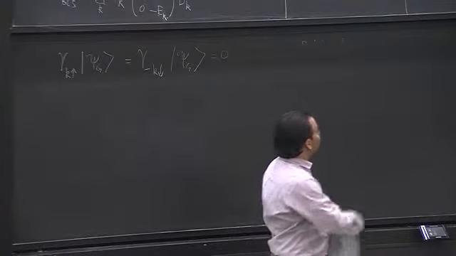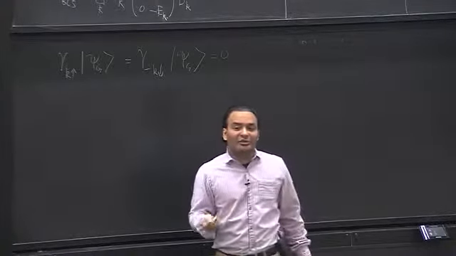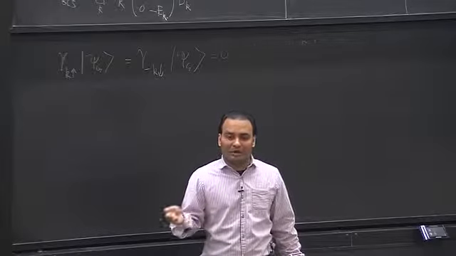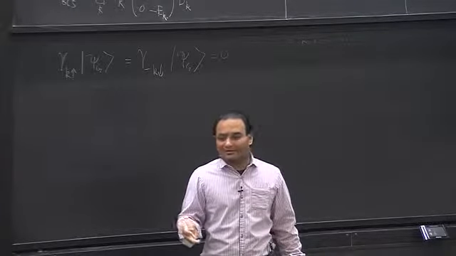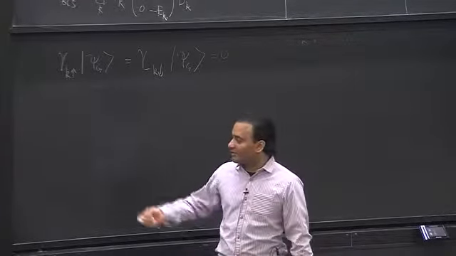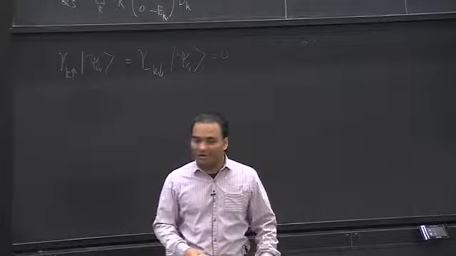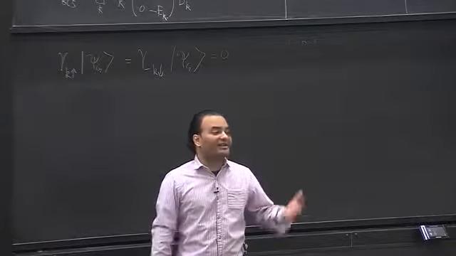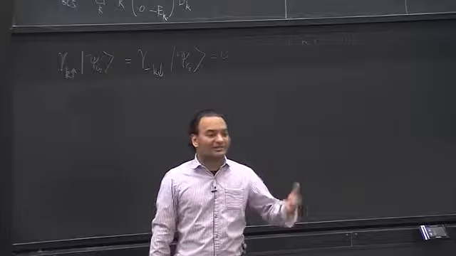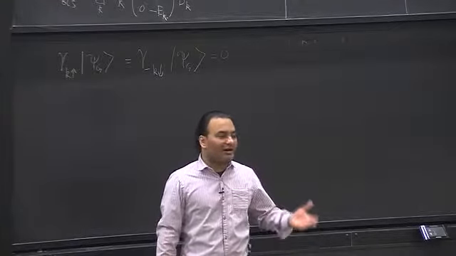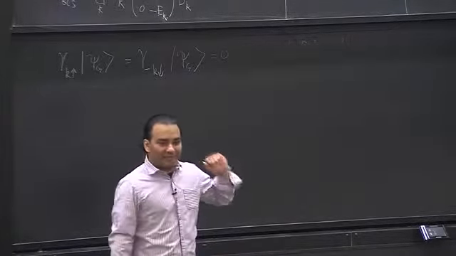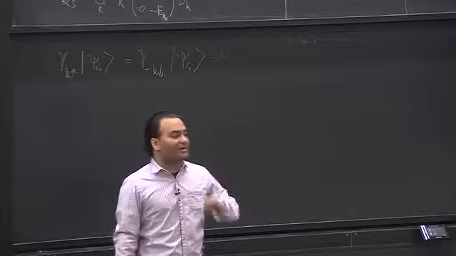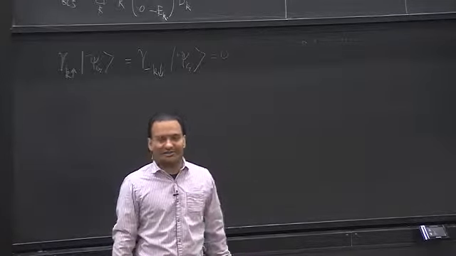So sometimes these gamma dagger operators are called Bogoliubons, just a name to honor the scientist Bogoliubov. So you can define the ground state as the absence of any Bogoliubons, or simply the absence of any quasi-particle or quasi-hole excitations.